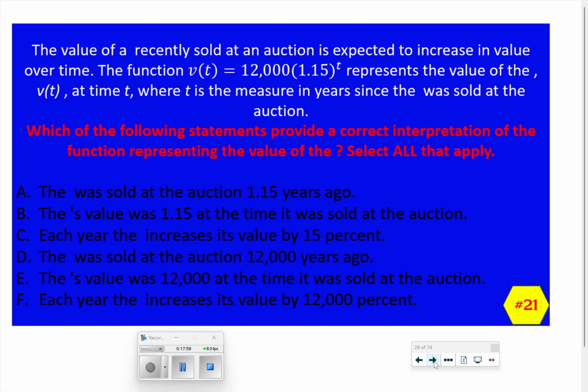Something must be left out here, the blank was sold at the auction. Okay, which of the following statements provide a correct interpretation of the function representing the value of the blank? Select all that apply. So we got the function here, and what I want you to know is which one of these is a correct interpretation of what we have here.